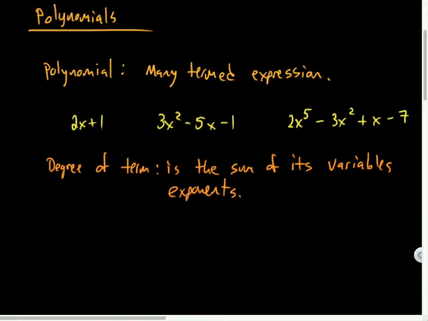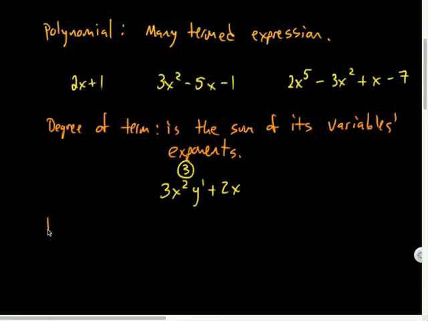And sum of its exponents, what I'm saying by that is, what if I have this term, 3x squared y plus 2x? This term's degree would be 3, all right, because it's the sum of the variables' exponents.